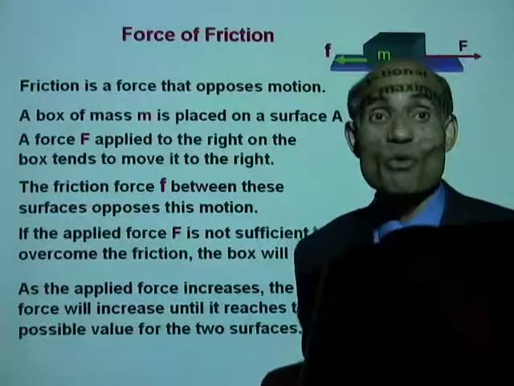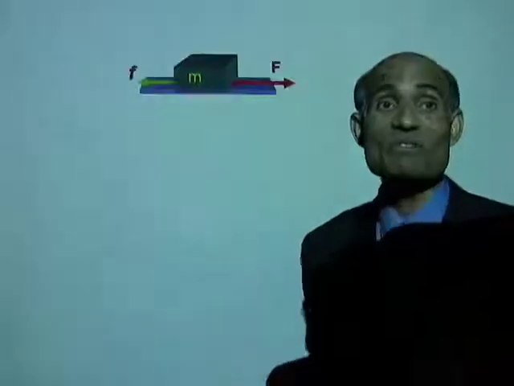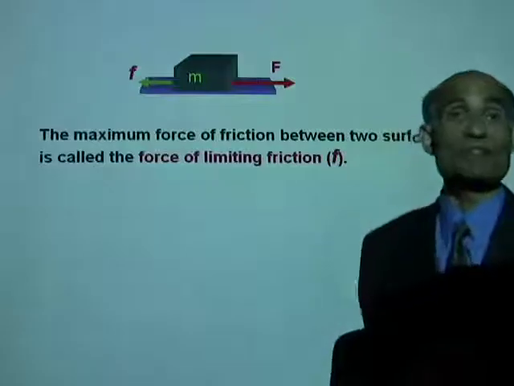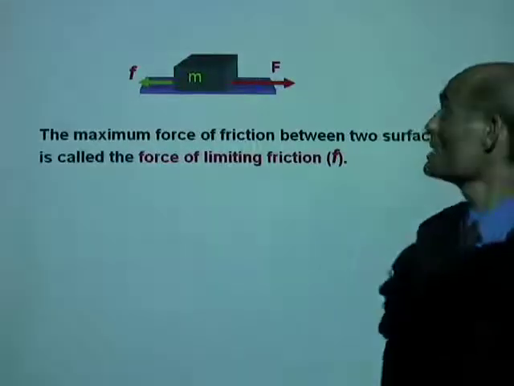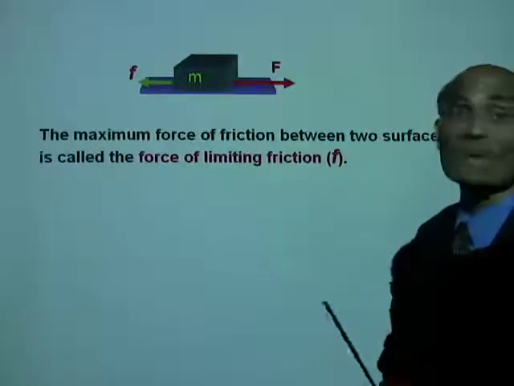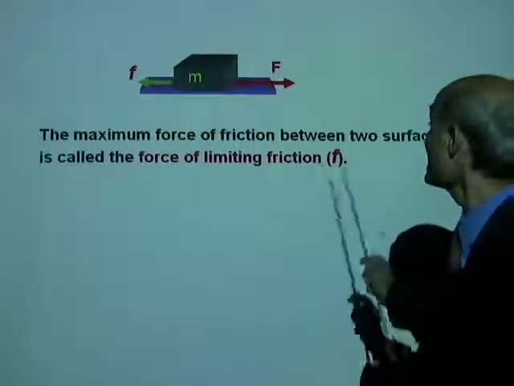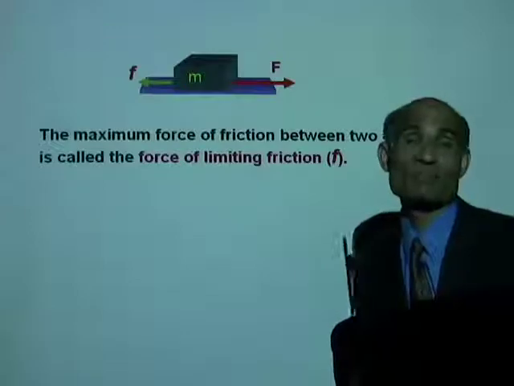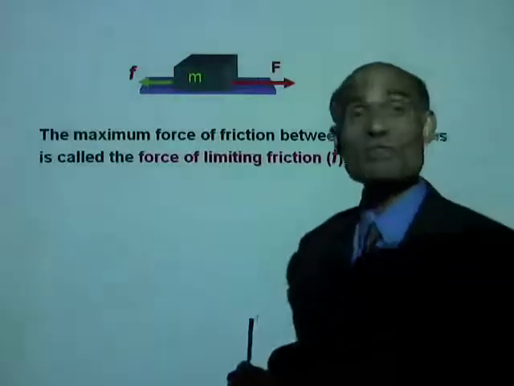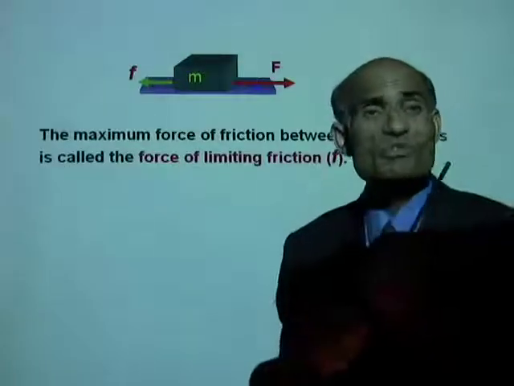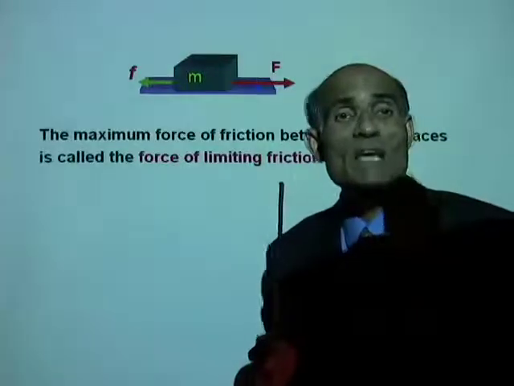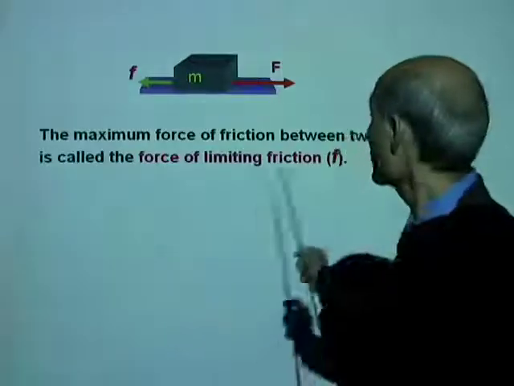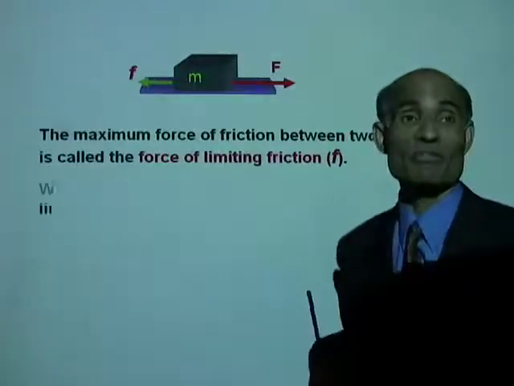It is called the force of limiting friction. We will represent that with the lowercase f. Whenever we talk of friction between two surfaces, we actually mean the force of limiting friction.